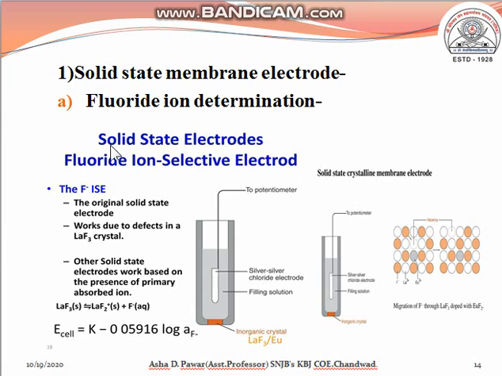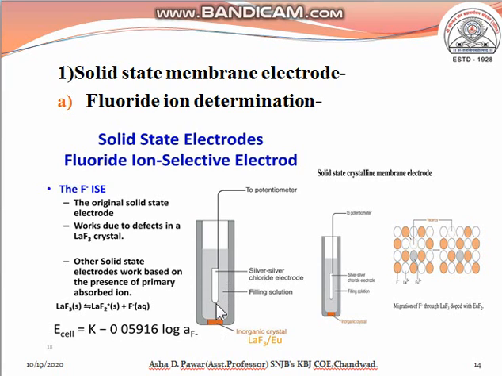The membrane, for determination of fluoride ion from the solution, is a lanthanum trifluoride crystal doped with europium difluoride, that is EuF2. This is a diagram of the fluoride ion selective electrode, in which the membrane made from LaF3 and EuF2 is sealed at the bottom.